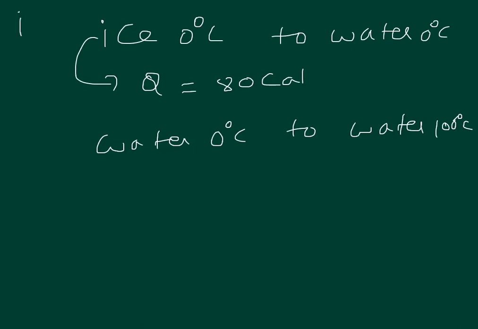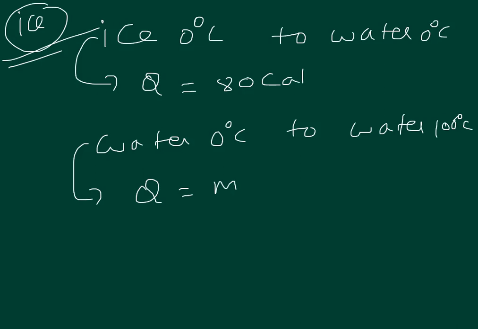So water at 0 to water at 100: previously it was a change of state, now it is a change of temperature with no change of state, water stays water. Then the heat energy formula is m s delta theta. What is m?